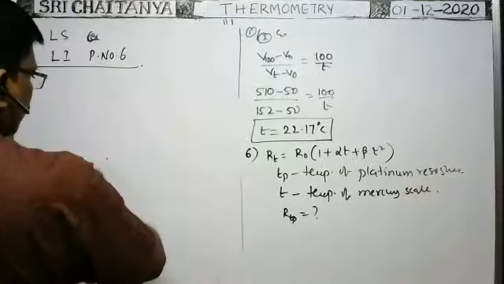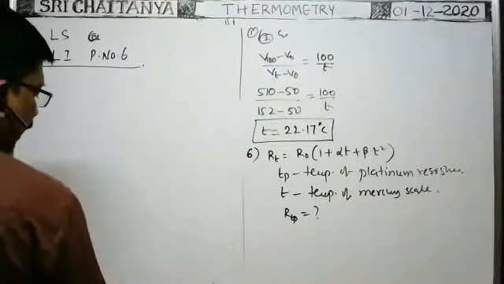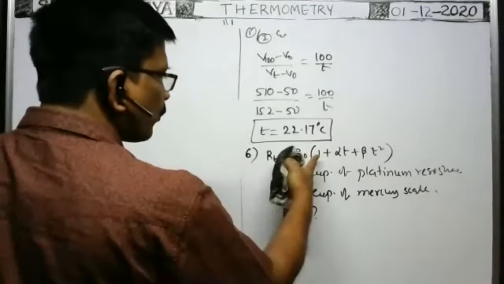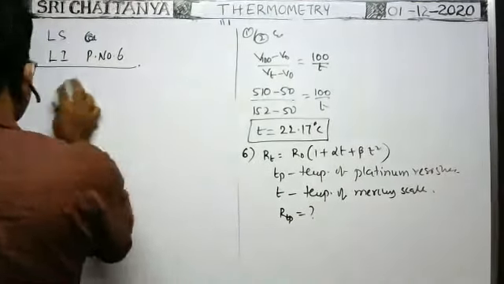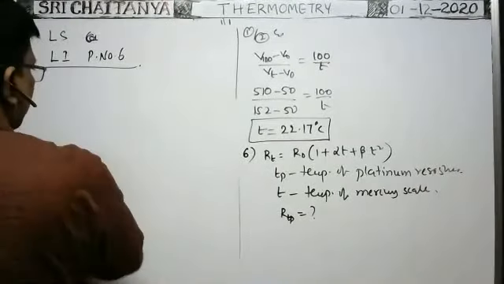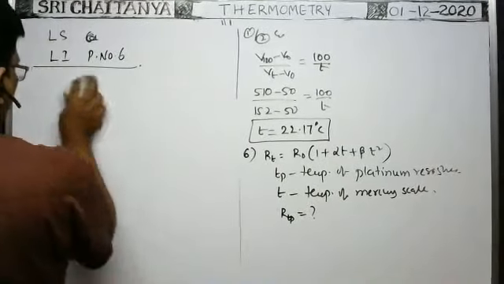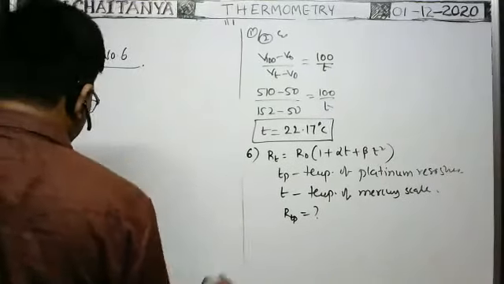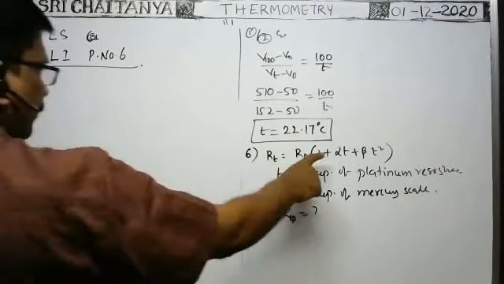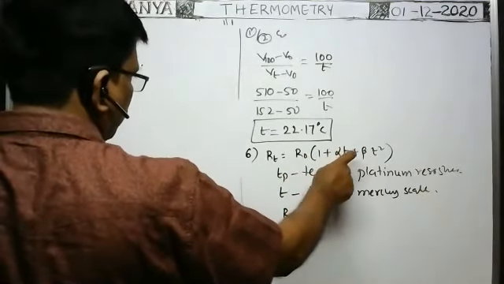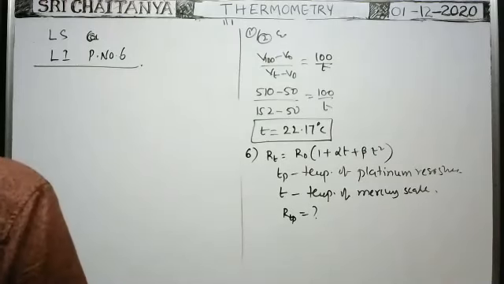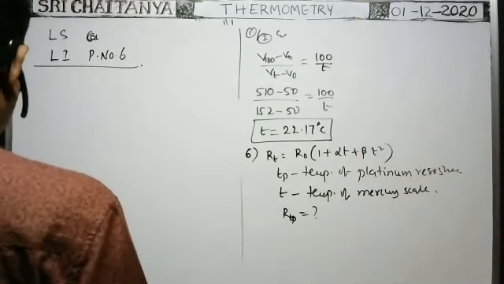Of course, not according to the formula we discussed earlier, the resistance of the platinum wire changes according to this given formula. So when the resistance of the platinum thermometer varies with temperature, where T is the temperature of the mercury, which is given.